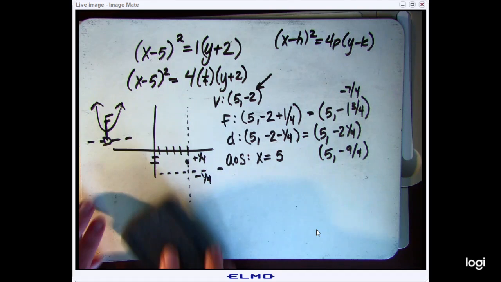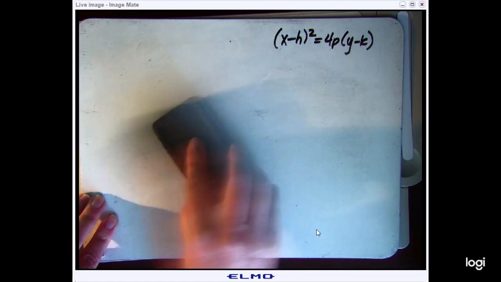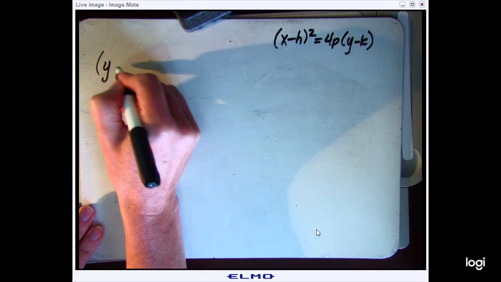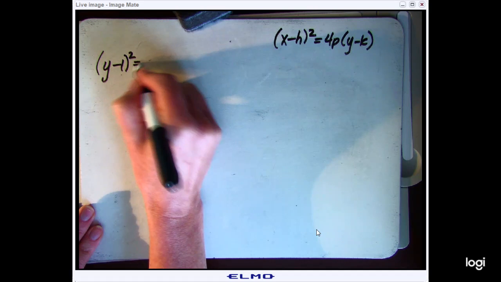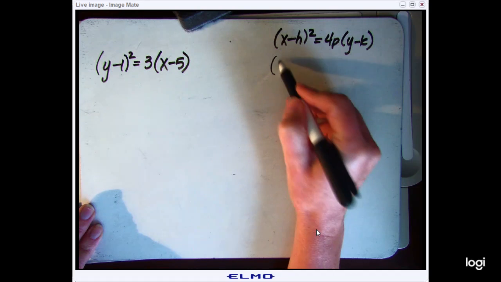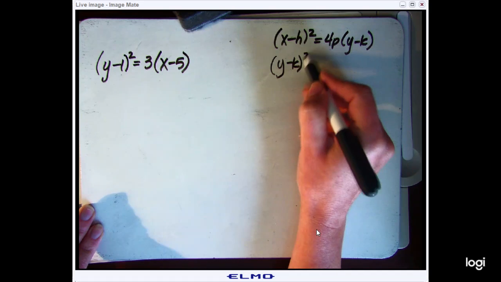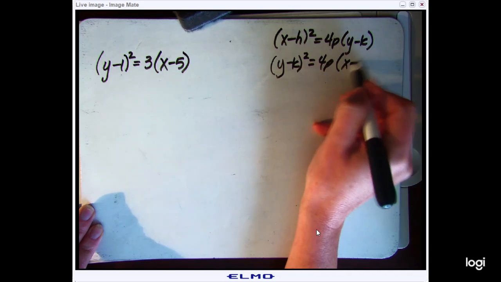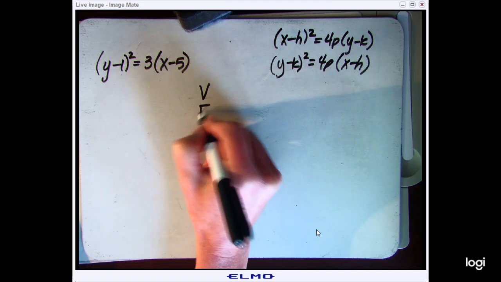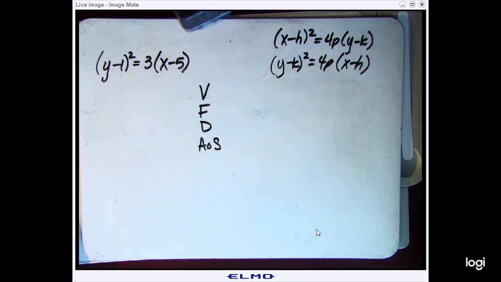All right. Let's flip it on the other side so you can see what that looks like. All right, here comes a different problem. (y minus 1) squared equals 3 times (x minus 5). And let's go ahead and put this here so we've got it. Again, it will want to know your vertex, your focus, your directrix, and your axis of symmetry.